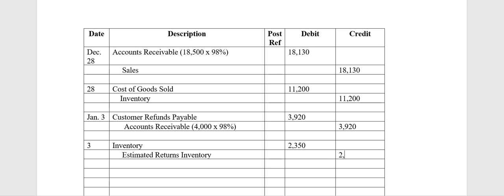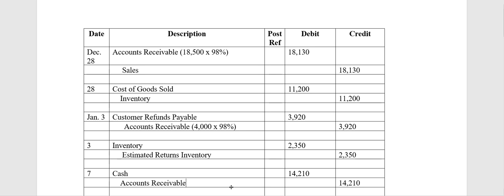And then finally, they said on January 7th, we are collecting payment from this customer. So we are going to get our cash in the amount of $14,210. And we're going to eliminate the accounts receivable balance of the $14,210.